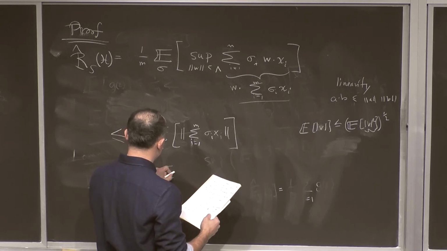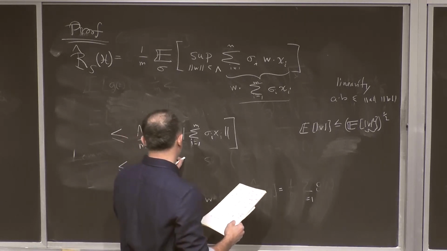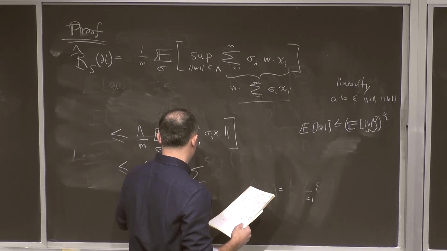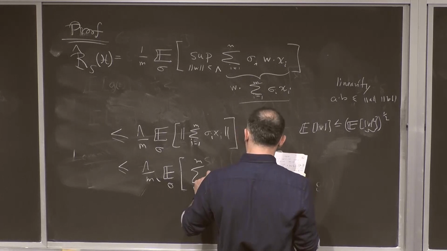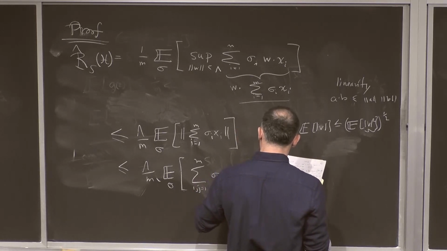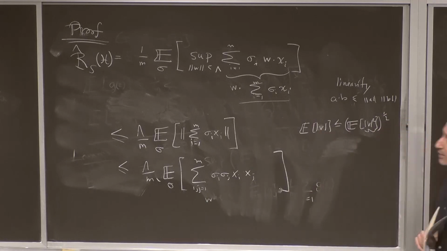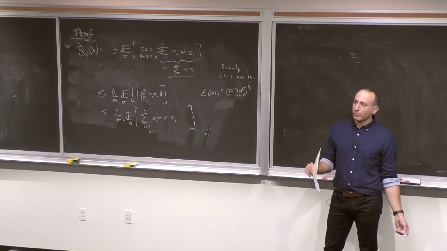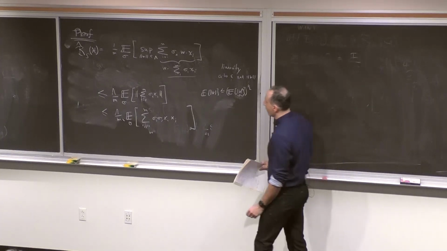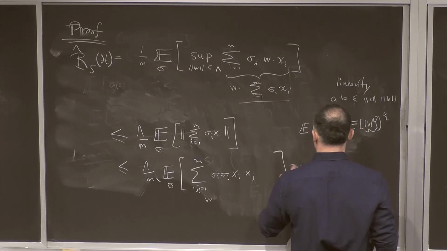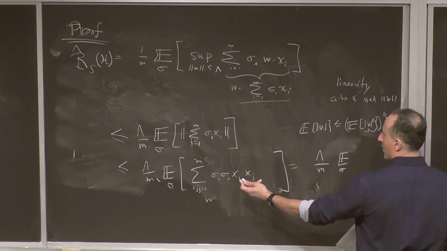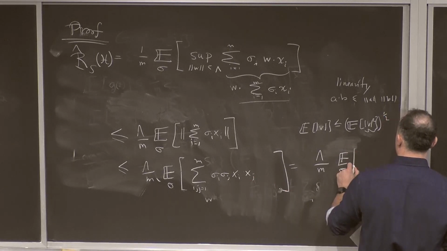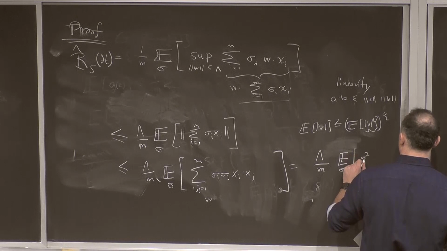It's the expected value over sigma, now I square it. So it's sigma i, sigma j, xi dot xj. Now we haven't taken expectations yet, but now we can use the independence of the sigmas. So all the cross products cancel out. So now we've just got sigma squared, which is 1.